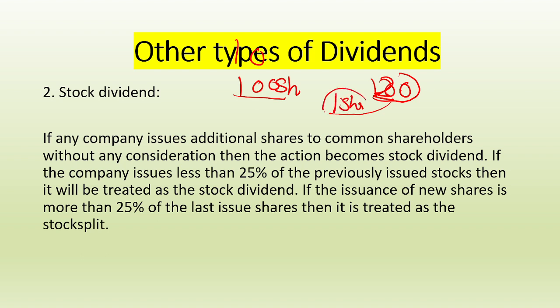So when the dividend is paid by issuing shares to the common shareholders, meaning the equity shareholders, without consideration, it becomes a stock dividend. There is no consideration, but the dividend is provided to the equity shareholders. So it is a stock dividend.